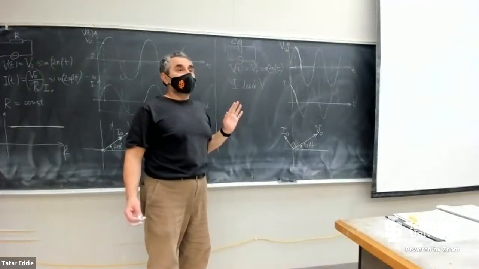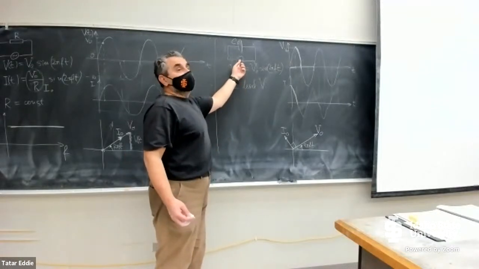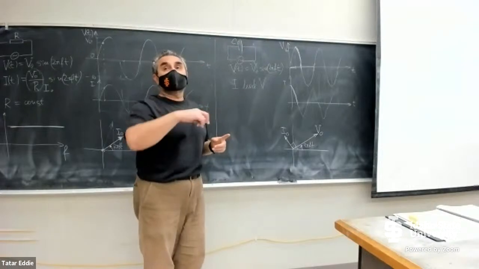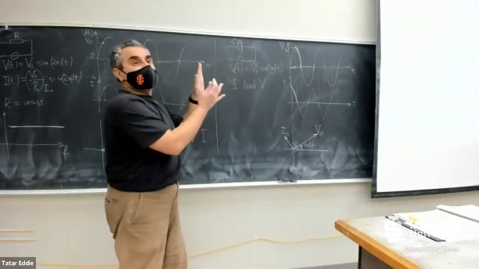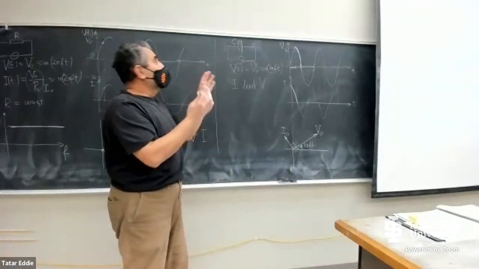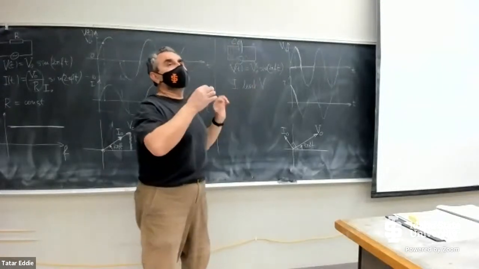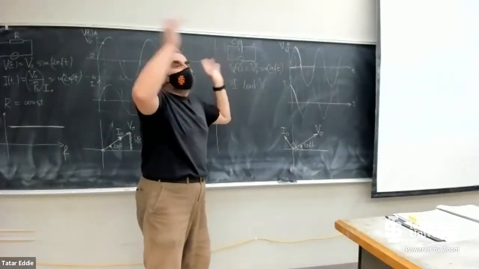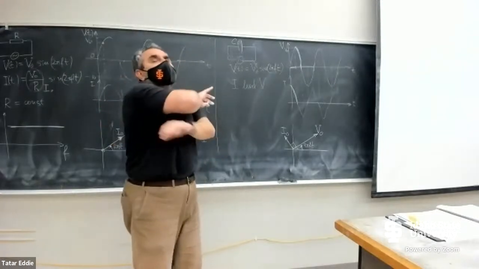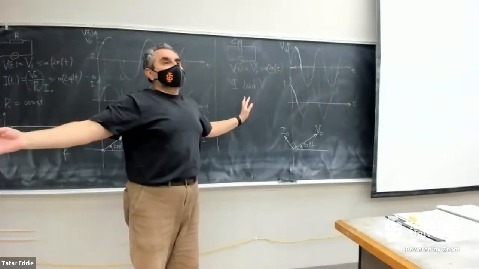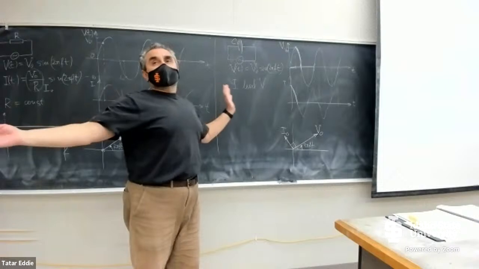So if, instead of an AC voltage, you put a battery with DC voltage, what's going to happen is the capacitor is going to get charged in 1 nanosecond or so, and after that, any motion of charges is going to stop.